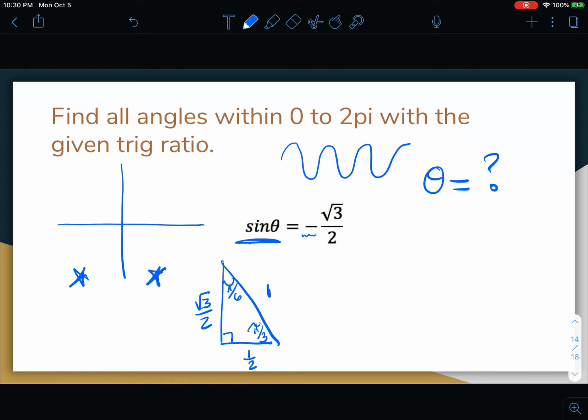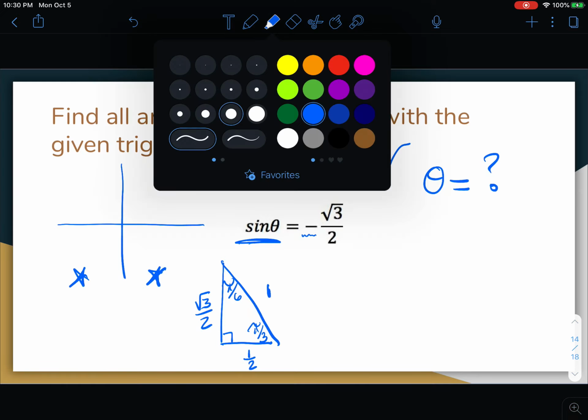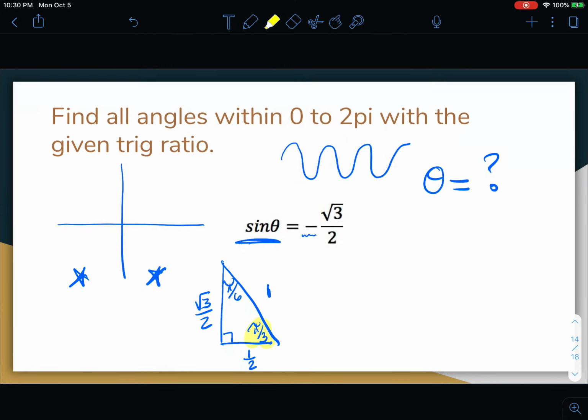Now let's think about this. Sine of which angle gives you radical 3/2? Sine is opposite over hypotenuse. So it's going to have to be pi/3 because that will be the opposite over the hypotenuse.